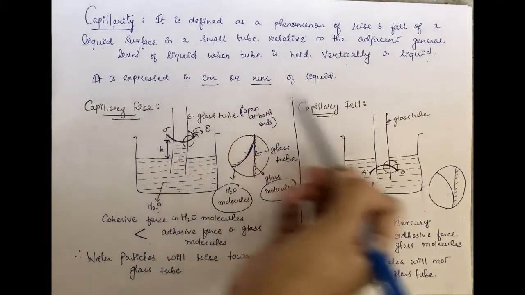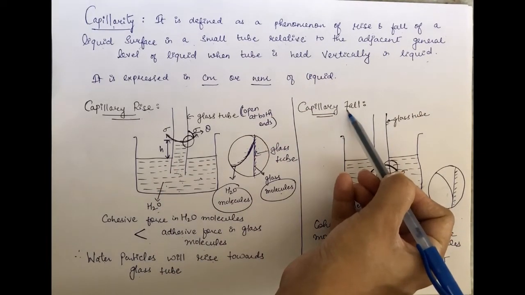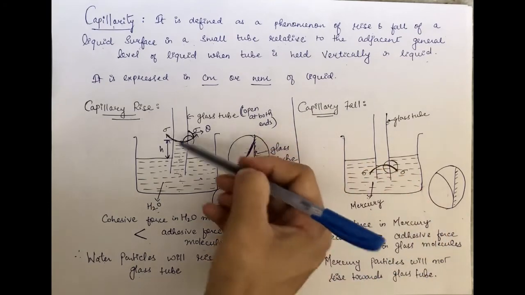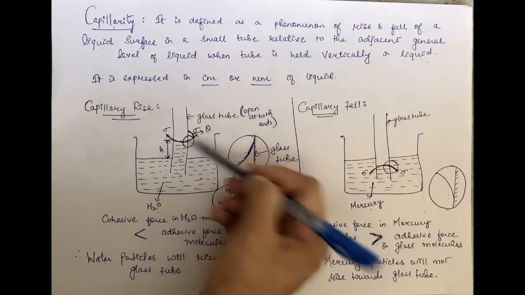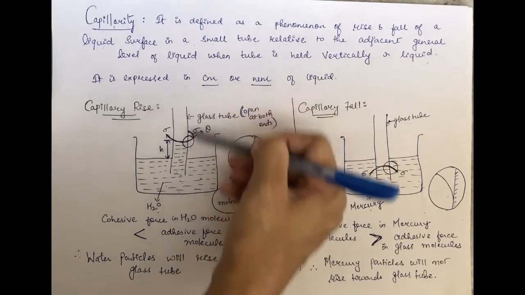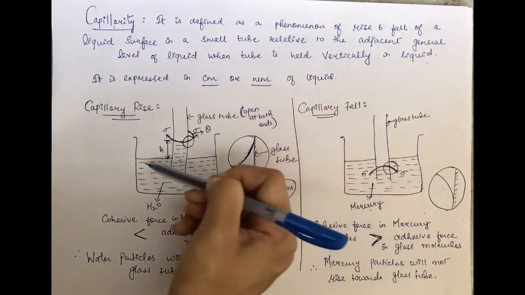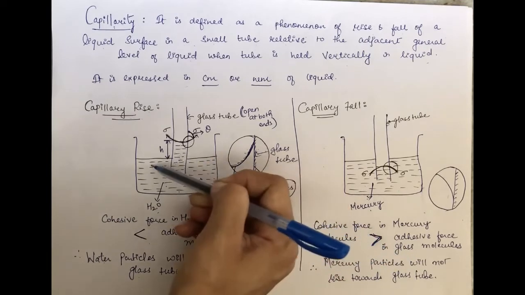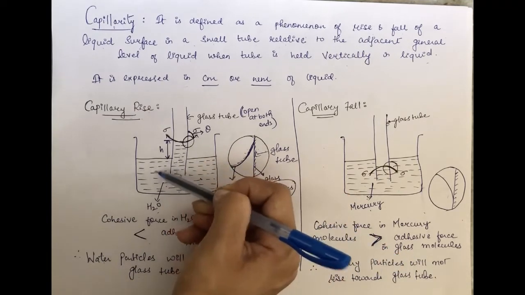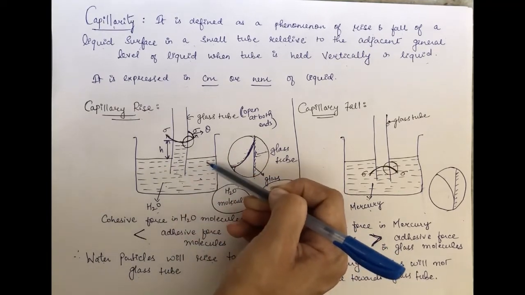So capillary rise or capillary fall is a phenomenon in which the liquid surface will rise or fall in a glass tube when it is placed vertically in liquid, relative to the adjacent level of liquid.